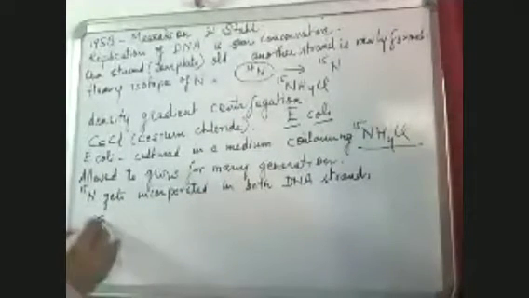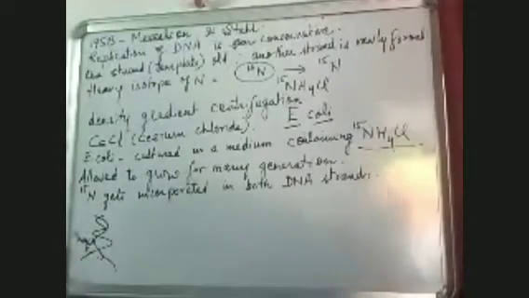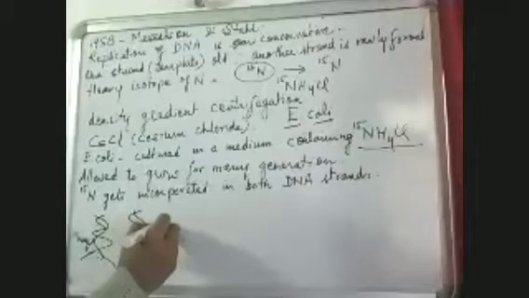Because what will happen? If this is allowed to grow in NH4Cl, replication will take place, and the medium has NH4Cl with N15. So when replication takes place for many generations in this medium, a time will come when both the strands, this strand and this strand, get N15 incorporated.